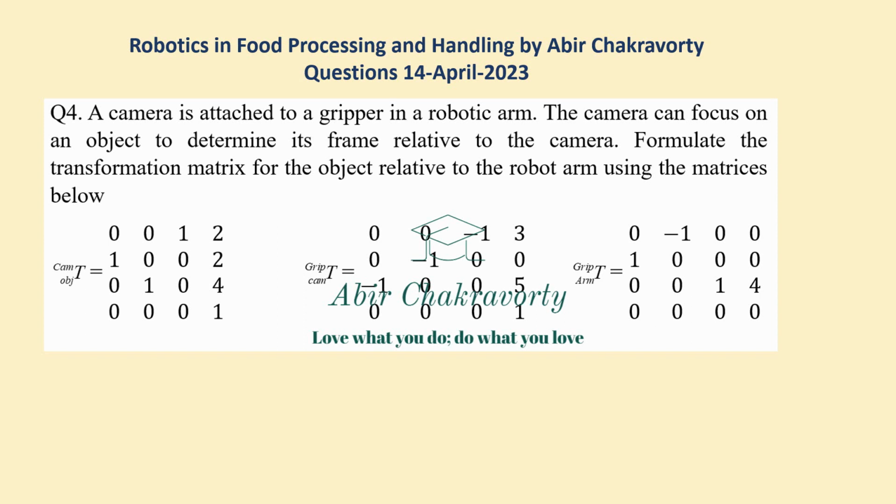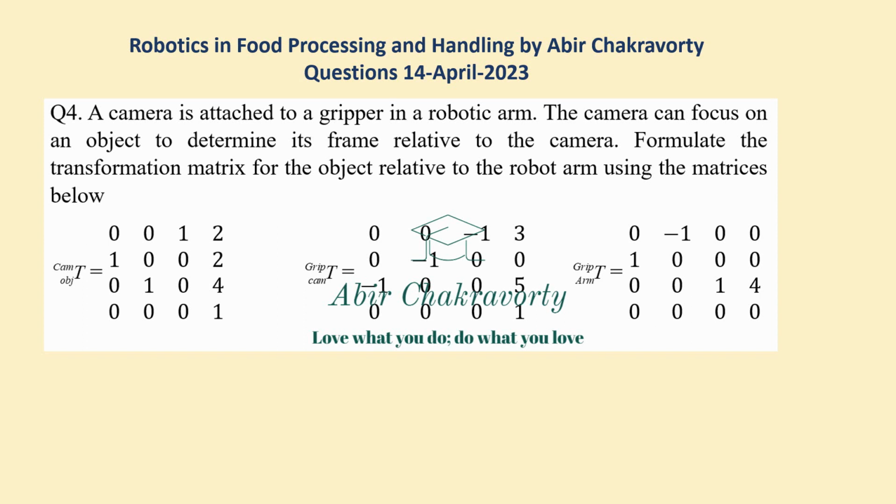In this question it is given a camera is attached to a gripper in a robotic arm. The camera can focus on an object to determine its frame relative to the camera. So formulate the transformation matrix for the object relative to the robot arm using the matrices given below. Here it is asked that I have to find arm T object, but it's not given directly.